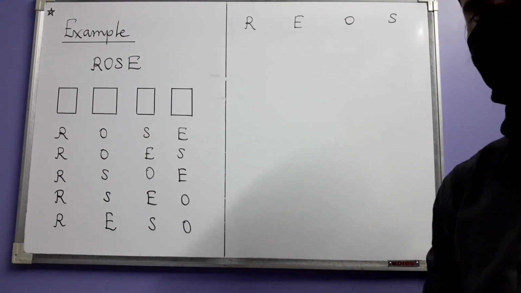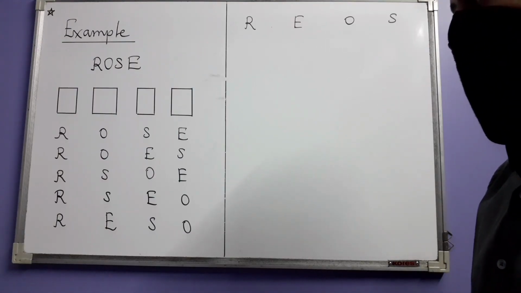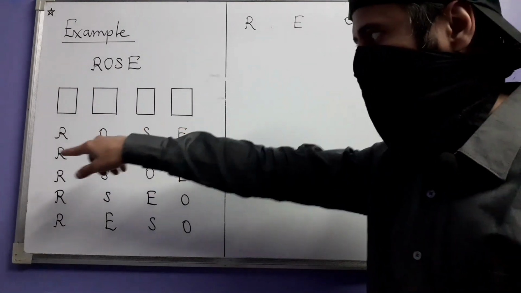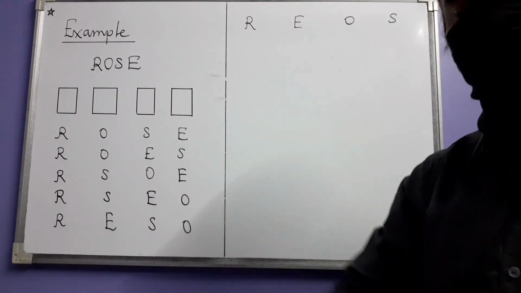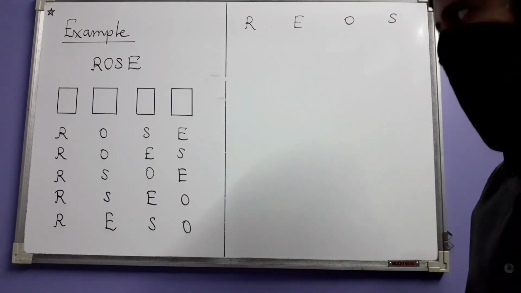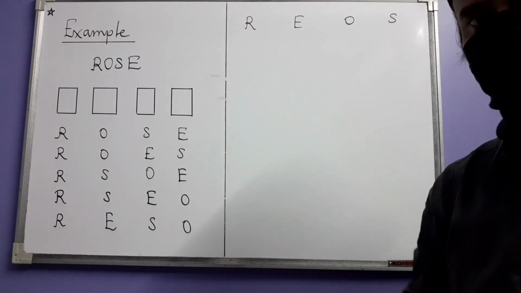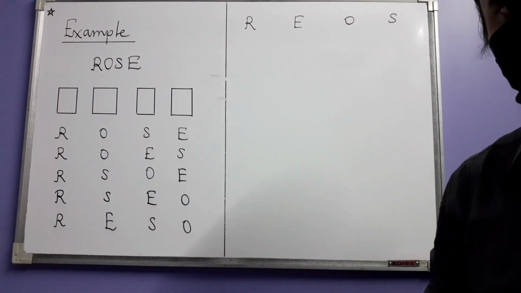However, these are not all the possibilities, because you can have O also in the first box, S also in the first box and E also in the first box. But you do understand that for each of those 3 possibilities, again the number will be 6.